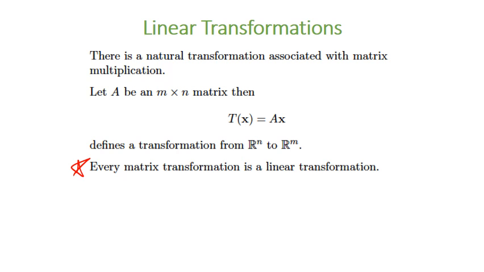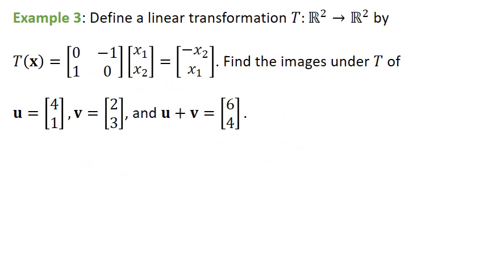So let's look at an example because I think that will be helpful. It says, define a linear transformation in the following way. This transformation is given to us, and we want to find these images. We basically want to find T(u), T(v), and T(u+v).